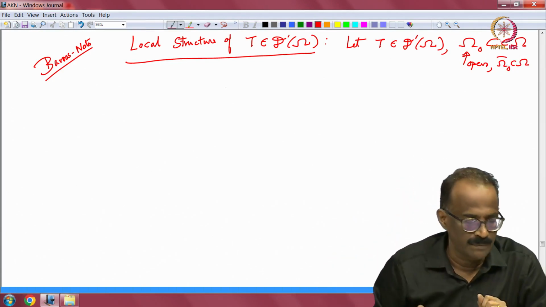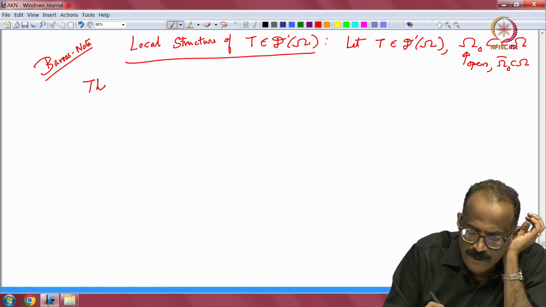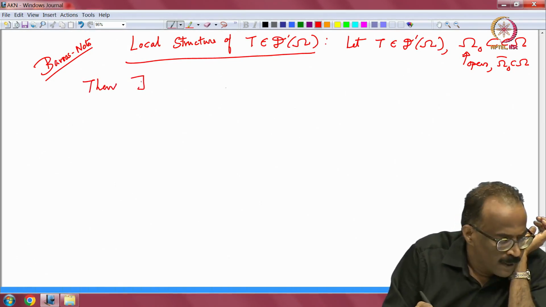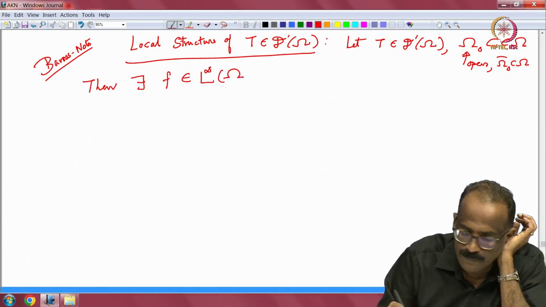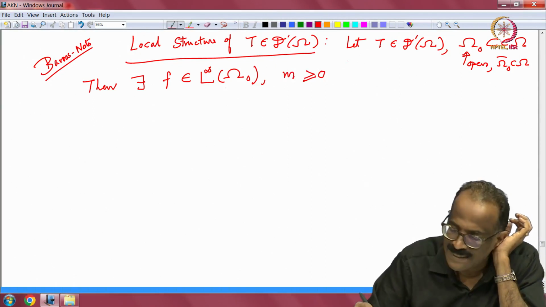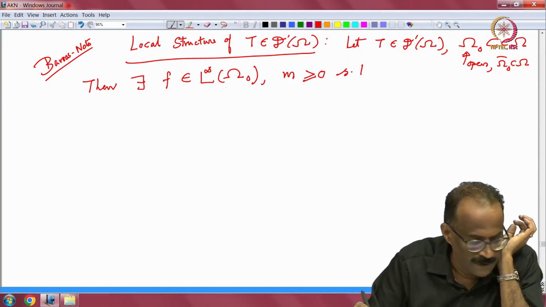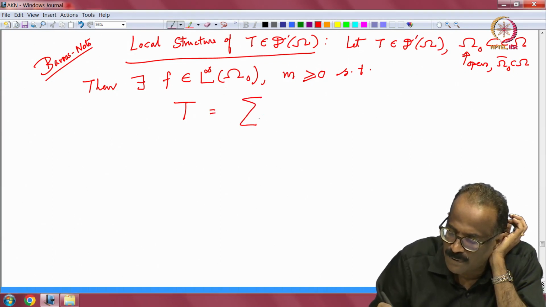Then there exists f belonging to L infinity, that is integrable on omega naught, and m greater than or equal to 0, such that your T is some derivative of something.